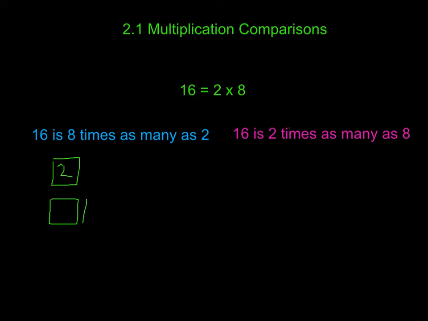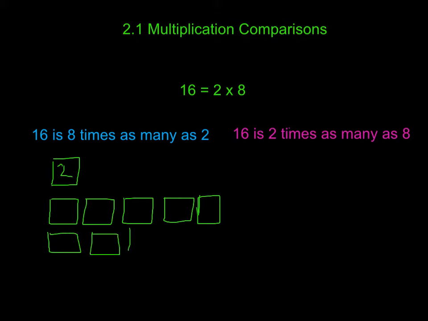So we're going to have 1, 2, 3, 4, 5, 6, 7, and 8. And so we have 2 in each one of these 8 boxes.